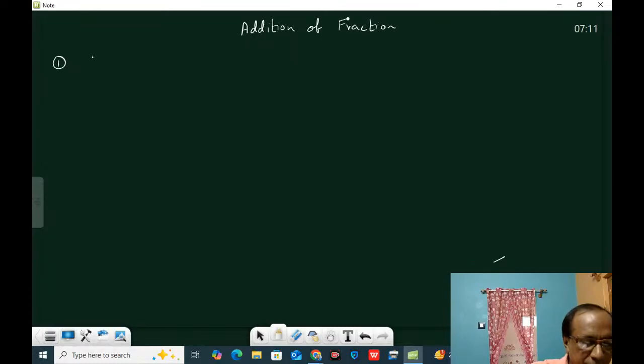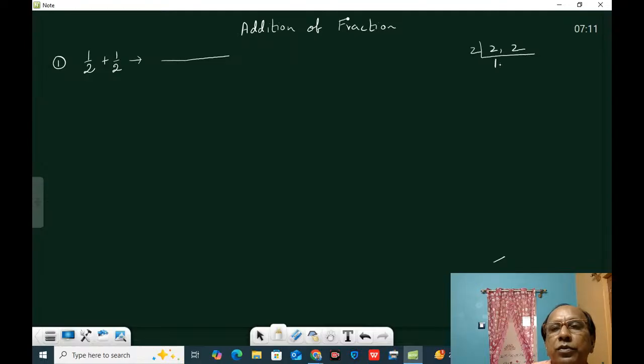There is the same rule. Suppose I am adding 1 by 2 plus 1 by 2, right? If you are adding, what is the rule? The rule is first you find the LCM of the denominators, 2 and 2. What is the LCM? LCM is 2 into 2, that is 4, right?